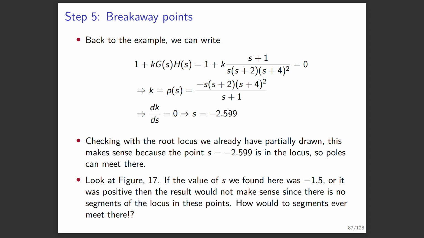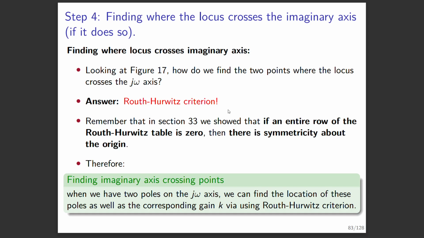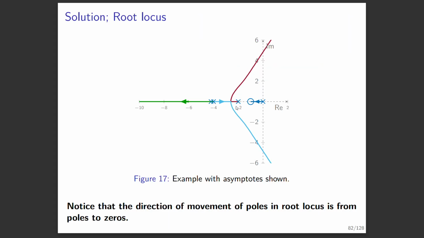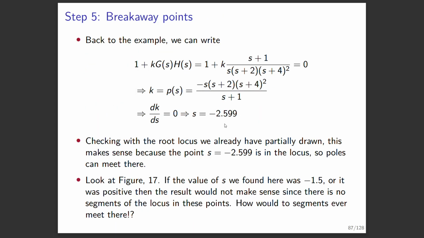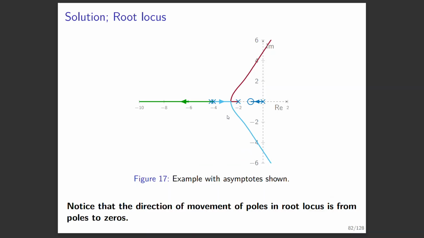How do I check that? I go back to the figure. Does -2.599 make sense? Yeah. So this point is about -2.6.